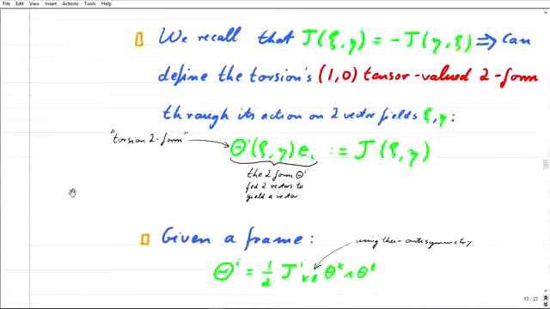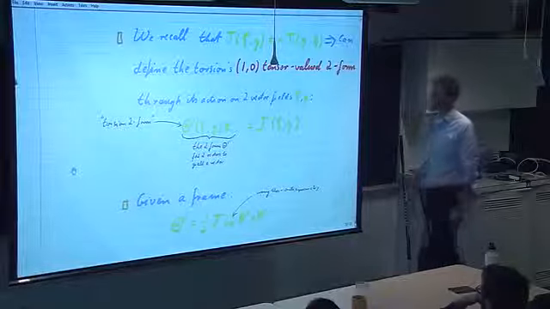Okay, so this 1-0 tensor-valued two-form can be defined through its action on two vector fields, psi and eta, which are the ones that we put into the two-form. So this is going to be the notation for the 1-0 tensor-valued torsion two-form.